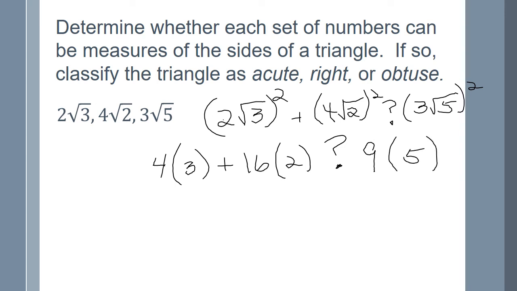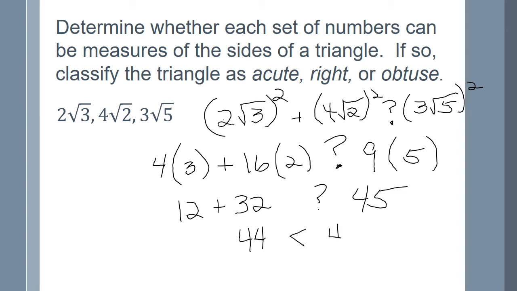So 4 times 3 is 12, plus 16 times 2 is 32, and 9 times 5 is 45. So 12 plus 32 is 44. So 44 is less than 45. So this is, again, obtuse.